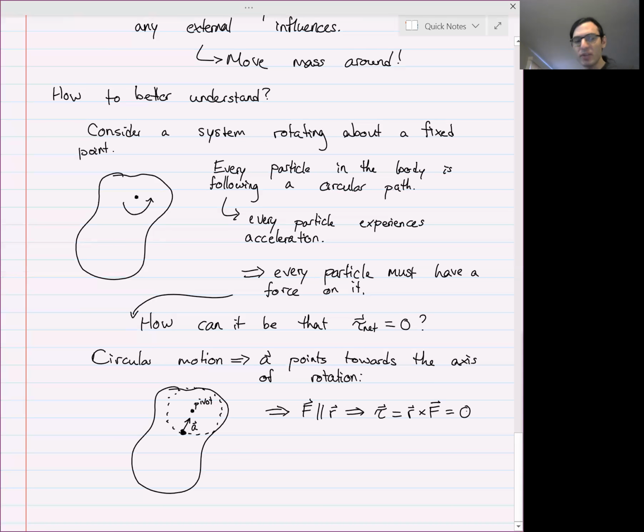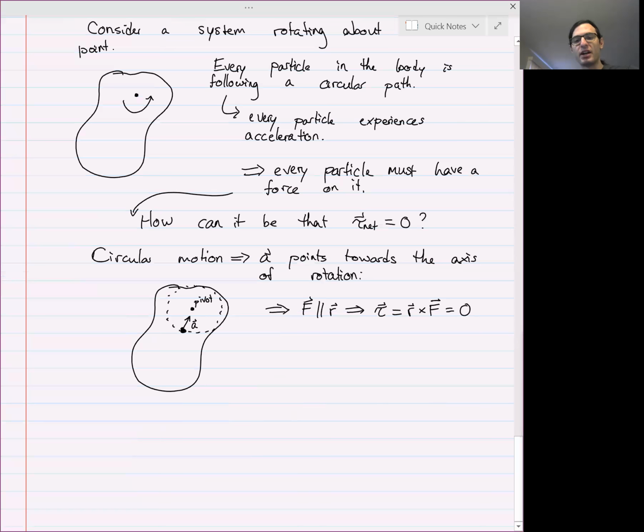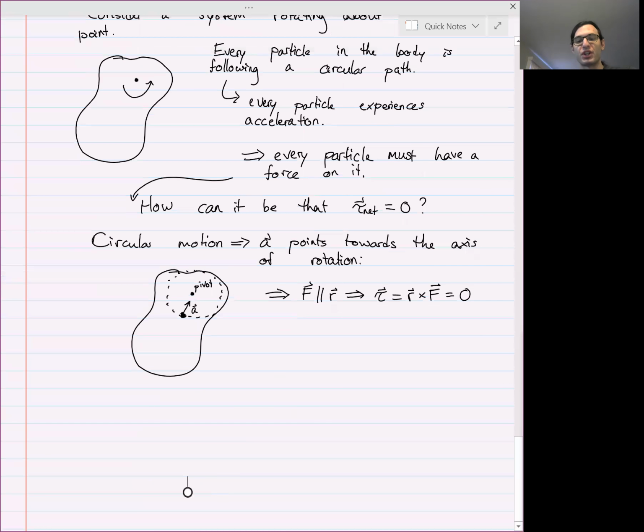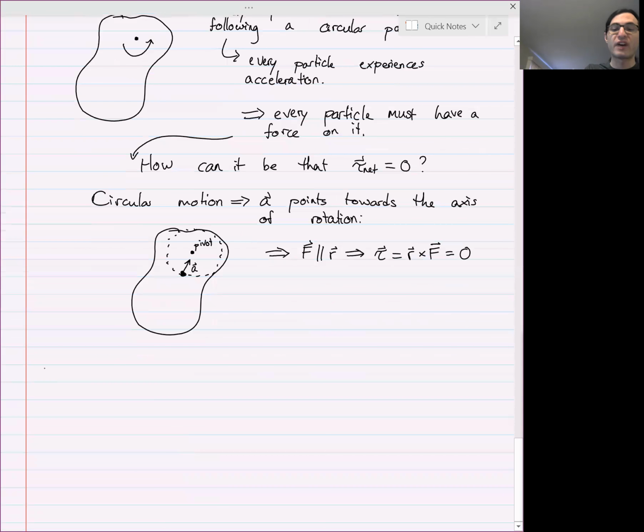So the whole point I'm making is that even though every particle has a force on it, the torque on every particle from that force has to be 0, because that force points in the direction towards that pivot point. So we can talk about this idea that a force pointing in towards a particular point gives no torque generally.